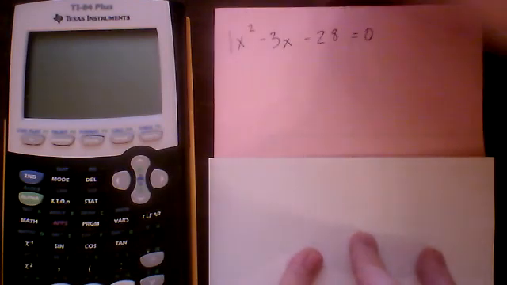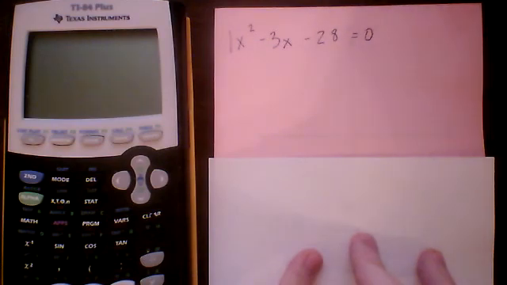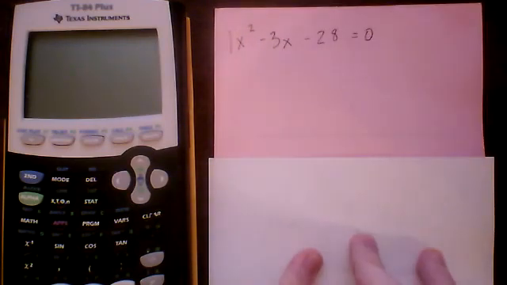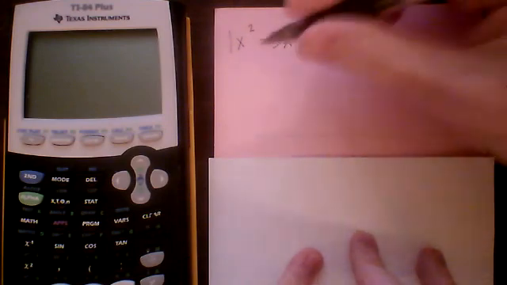If this is not a 1, or you can at least factor this out to make it a 1, I would not recommend factoring as a strategy for this. There's going to be other methods that are probably a little simpler for that. But this is a good problem to factor because we've got that 1 for our leading coefficient in the front there. Okay. So we have it in descending order. We have that 1 in the front.